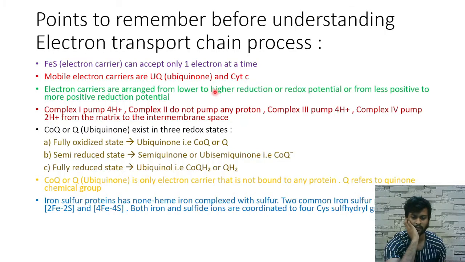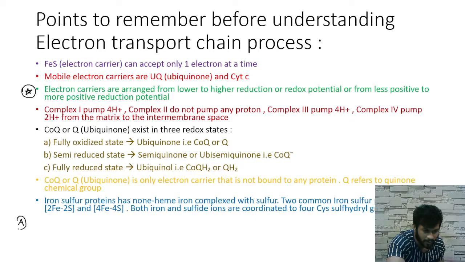Electron carriers are arranged from lower to higher reduction or redox potential, or from less positive to more positive reduction potential. This is a very important point, and a question in DBT JRF 2021 was asked from this. We will understand it. Suppose this is electron carrier A, this is the next electron carrier B, and this is the terminal electron acceptor oxygen.